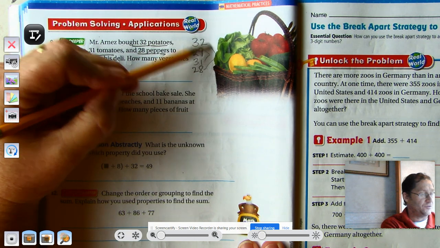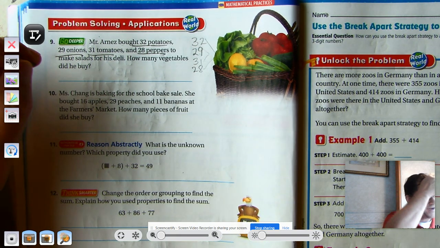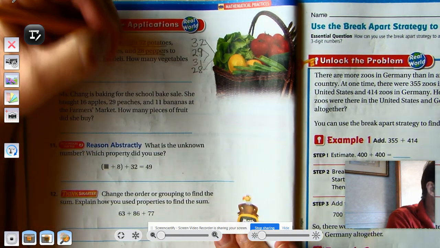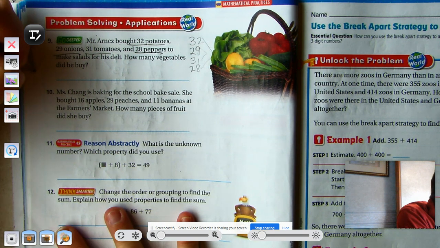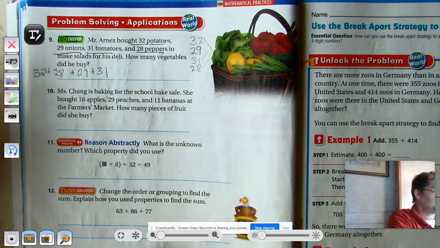So I see that those two are sums of 10s, or will make a 10. So I'm going to rewrite these so that it's 32 plus 28 plus 29 plus 31.